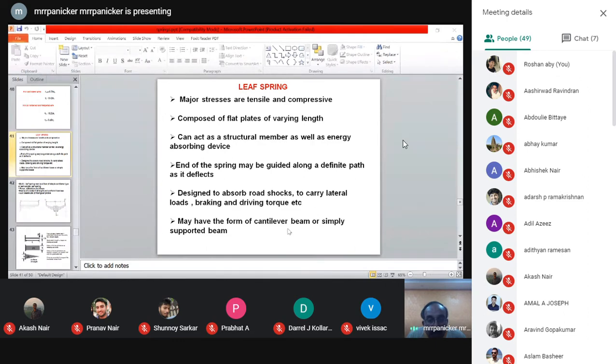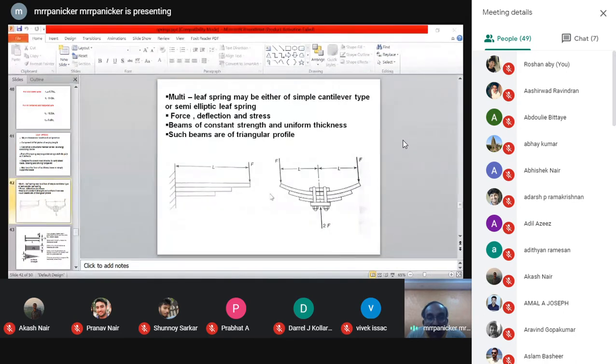So in the data book, different figures have been given. This is one of the representations, that is, a multi-leaf spring may be either a simple cantilever type or a semi-elliptic leaf spring. We have force, deflection, and stress.